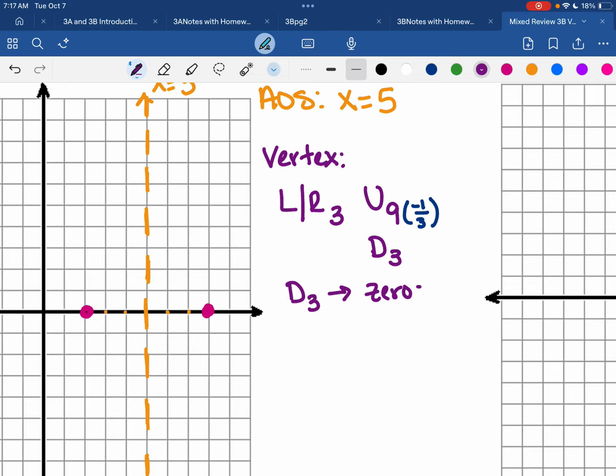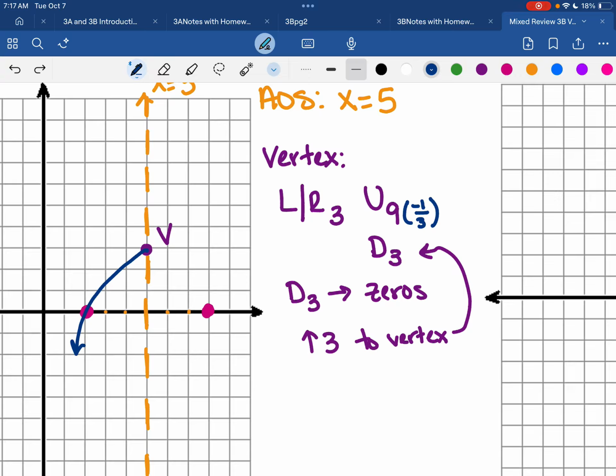So what I need to do is go up 3 to the vertex. I just do that from here because then I just look at it and ask, how do I go backwards? On the axis of symmetry, I just count backwards 3, plot it, and put in my vertex. With that, I then just sketch out my parabola.